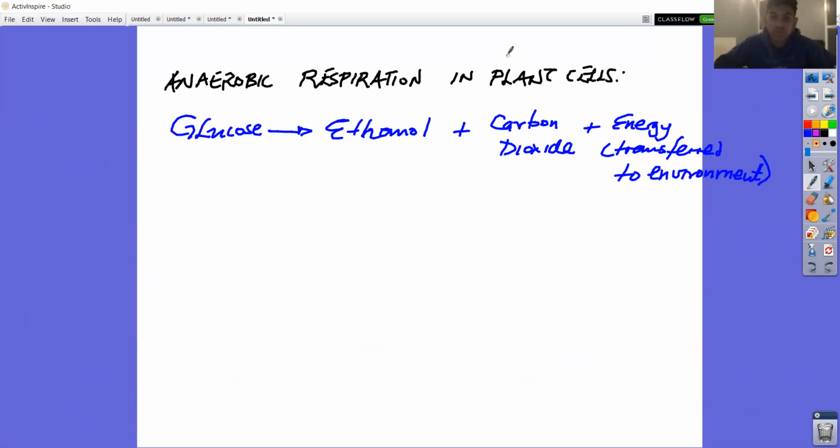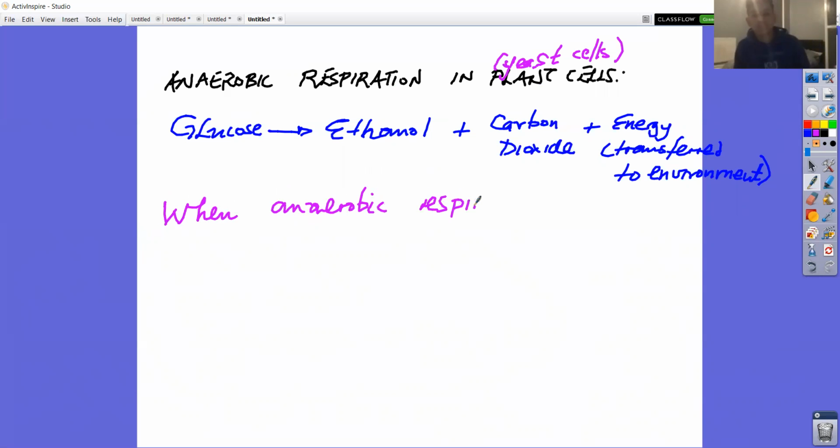And this protist is yeast. When anaerobic respiration happens in yeast cells, we have a name for it. What do you reckon it's called?